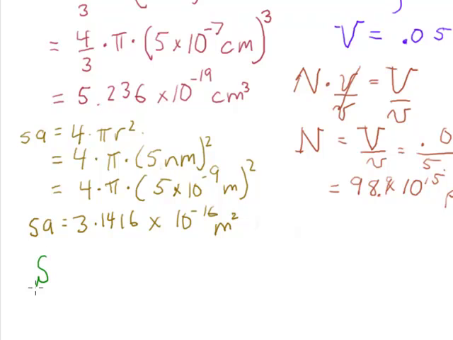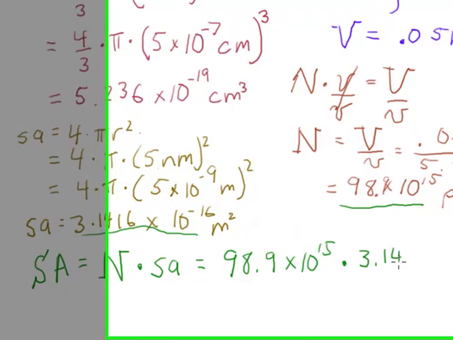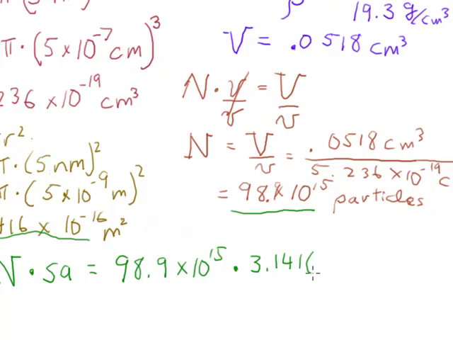So for the total surface area of all the particles, I take the number of particles times the surface area of each individual particle. So I have 98.9 times 10 to the 15th particles, and I multiply by the surface area of each individual particle, which is 3.1416 times 10 to the minus 16th meters squared.